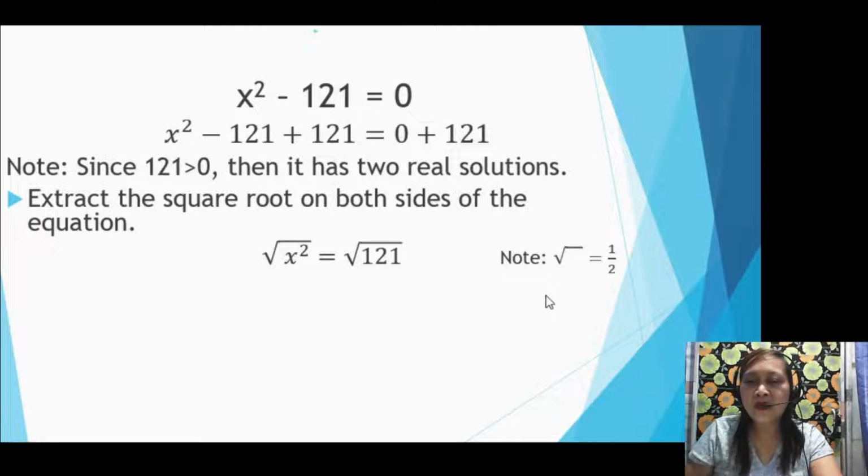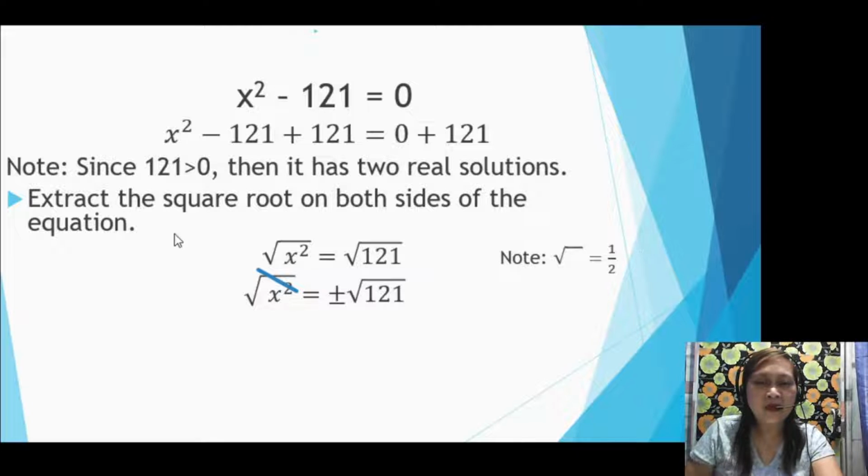Now what are we going to do next? Take note, class, that the square root symbol is equivalent to an exponent of 1/2. So that you will not be confused when we are going to cancel the square root sign and the exponent of 2. When we say cancel, it doesn't mean that they are already gone. No, what we did is we multiply the equivalent of square root, which is 1/2, to the exponent of 2.